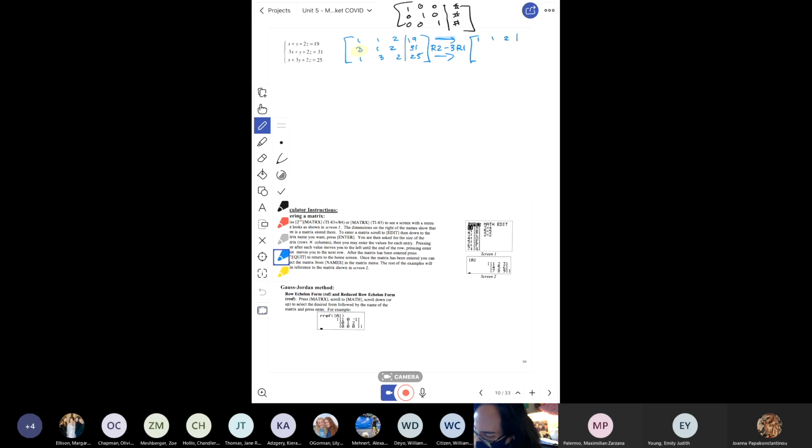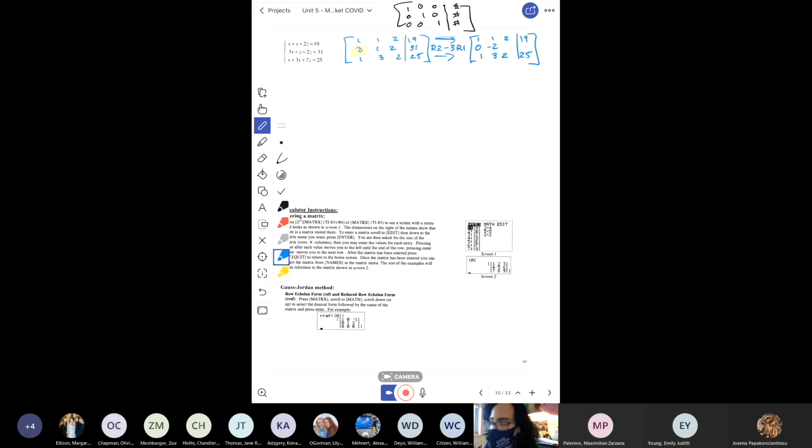Okay, so the first row doesn't change. The third row doesn't change. What is my new second row? Negative what?